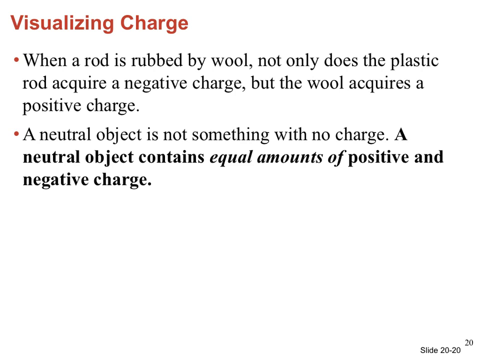So when we rub a rod with wool, not only does the plastic rod acquire a negative charge, but the wool will also acquire a positive charge. So a neutral object has equal amounts of positive and negative, and it can give off some of those charges to something else, and then it will have excess charge of the opposite sign. So if it gives off the negative charge, it'll be left positive. But a neutral object is equal amounts of positive and negative, and both objects started that way.